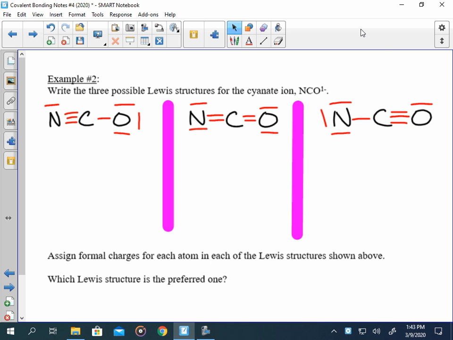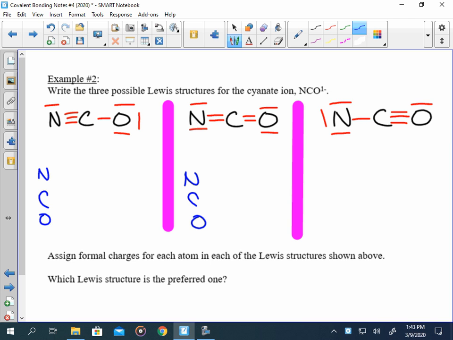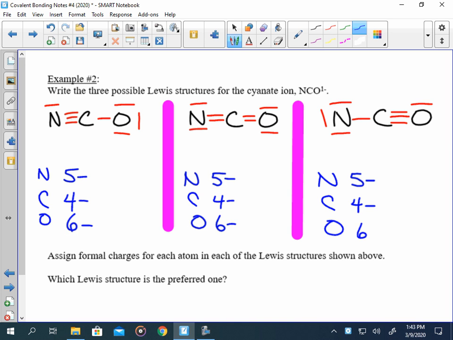Now what I need to do is I need to calculate the formal charges. And I'm going to do it really kind of mechanically here of NCO, NCO, NCO. Nitrogen, according to the periodic table, should have 5. Carbon should have 4, and oxygen should have 6. 5 minus, 4 minus, 6 minus, 5 minus, 4 minus, 6 minus.